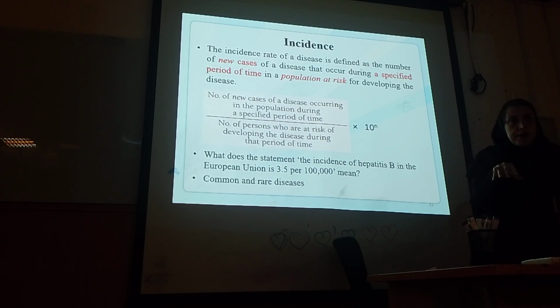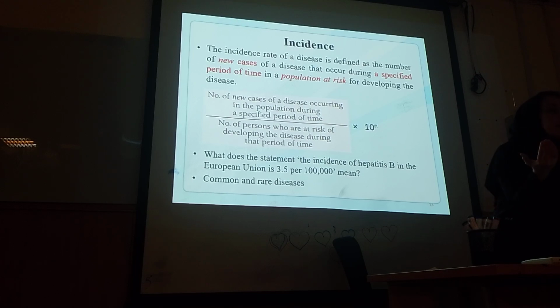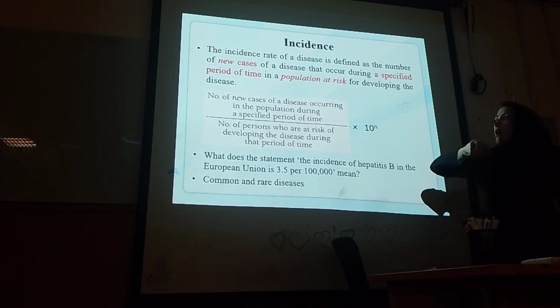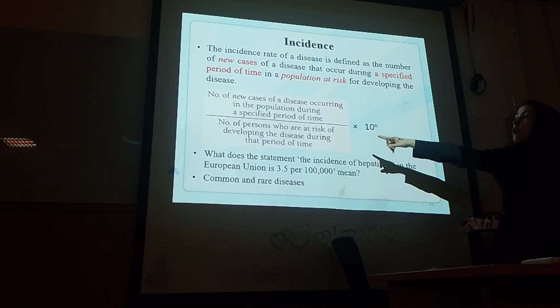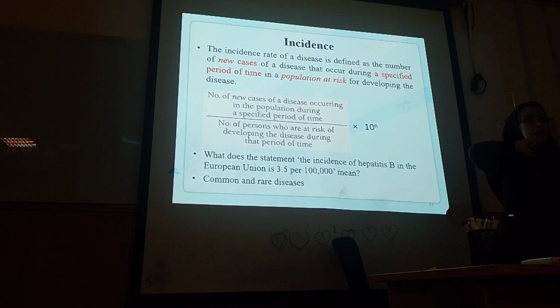You are at risk for developing the common cold. But males are not at risk for developing ovarian cancer. So, to calculate incidence, the denominator is the number of persons who are at risk of developing the disease during the period of time.